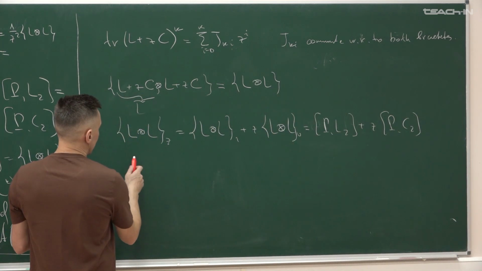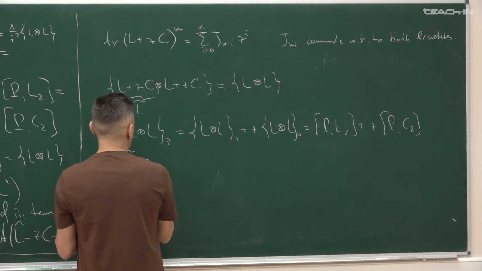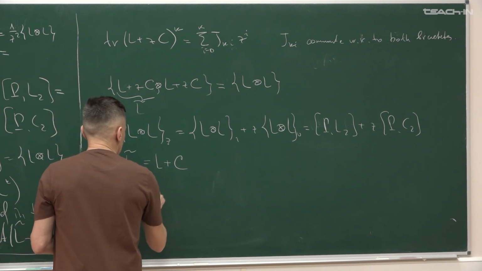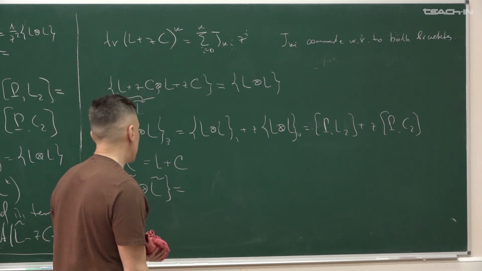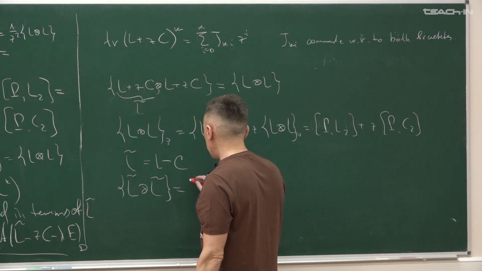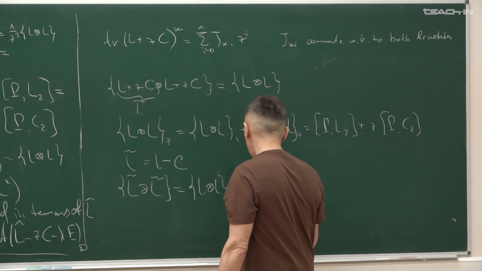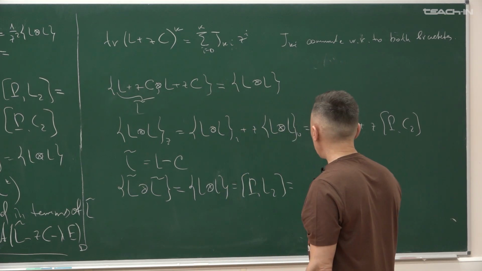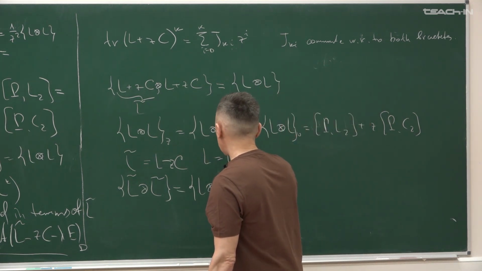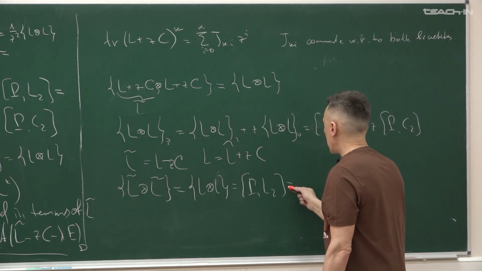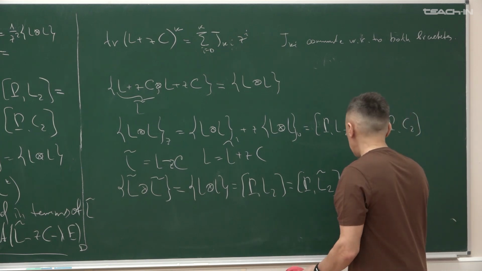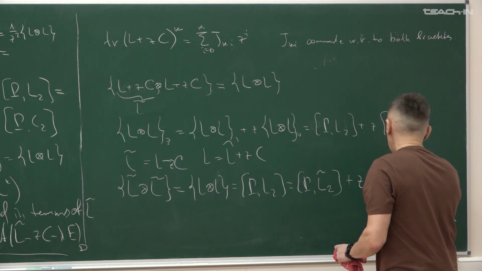And to do this, I introduce L tilde, which is L plus C, and I show that L tilde, maybe minus C, L tilde is just L, which is P L2, and L is equal to L tilde plus zC, and that's why we can write here P L tilde 2 plus P C2.